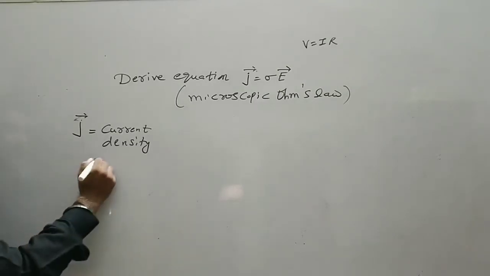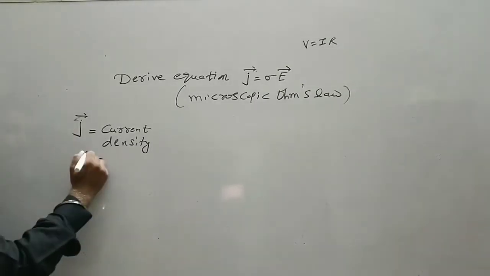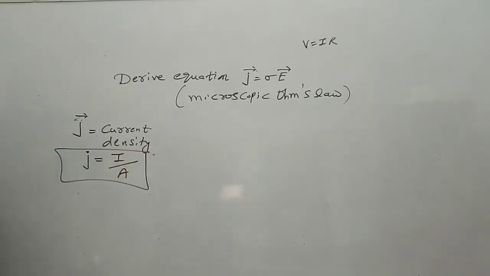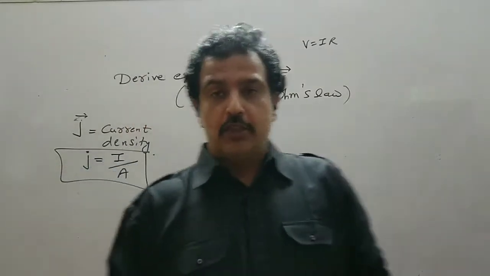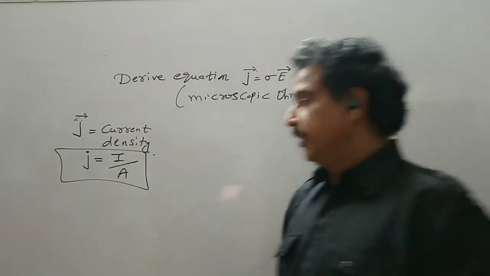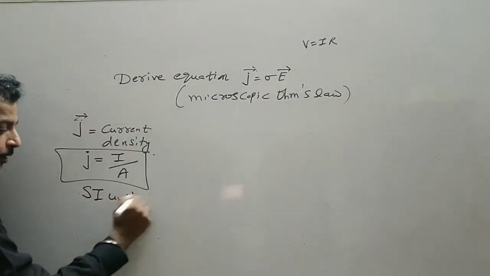Now current density is defined as, I am writing its magnitude, J is equal to I by A, that is current flowing through the cross section of the conductor per unit area. So let us see its SI unit. From the SI unit it will be more clear.